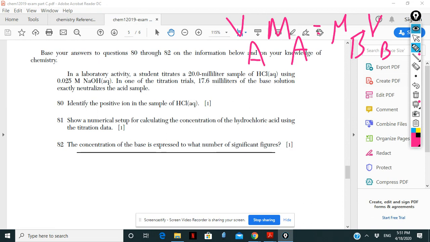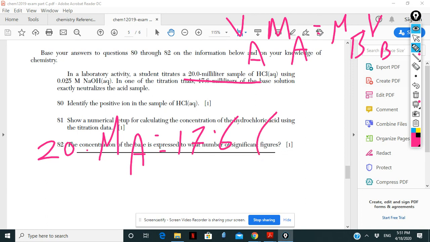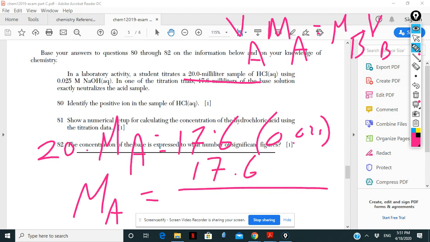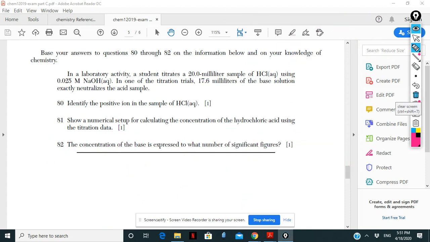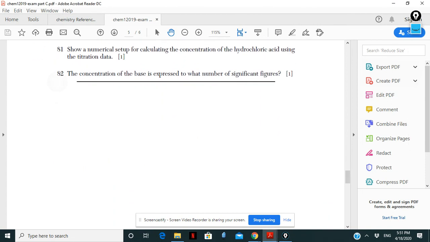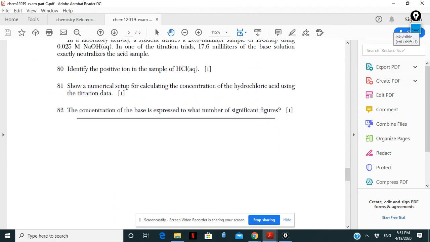The volume for the acid is 20, so 20 times the molarity of the acid equals the volume of the base, 17.6, times the molarity, 0.025. To find the concentration of the acid, I multiply 17.6 by 0.025 and divide by 20. That's the numerical setup.